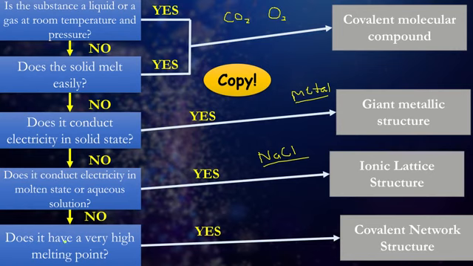Next one we have is, does it have a very high melting point? If it has a really high melting point, then you have a covalent network. Now the covalent networks that we looked at were graphite, and the other one we looked at was diamond.